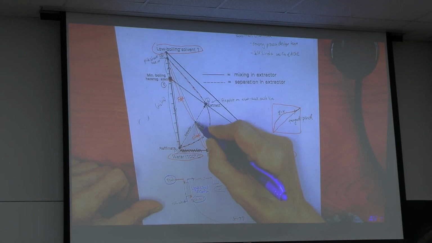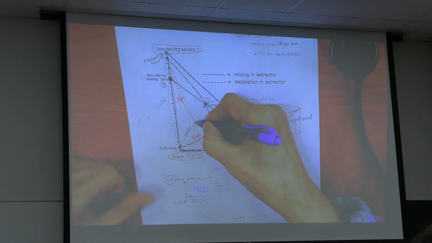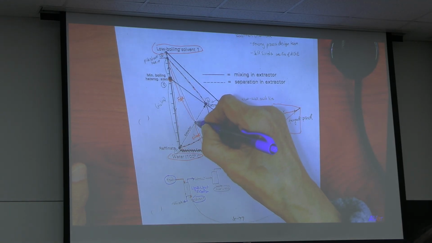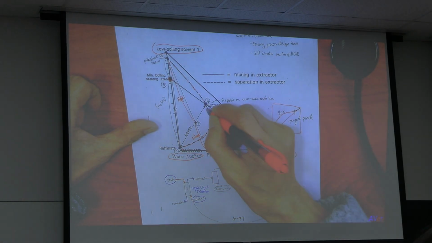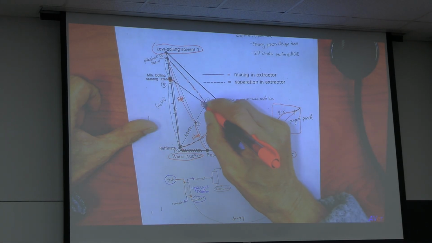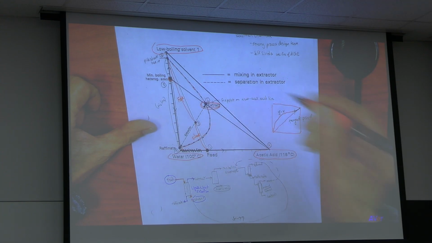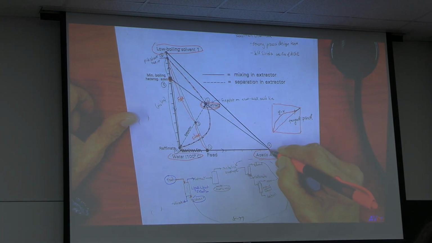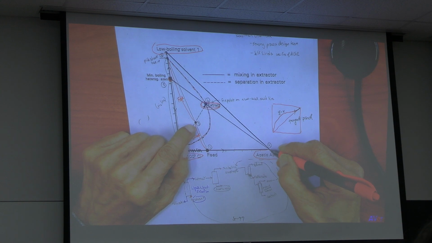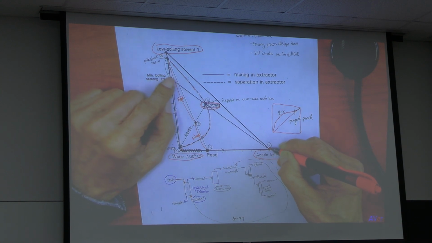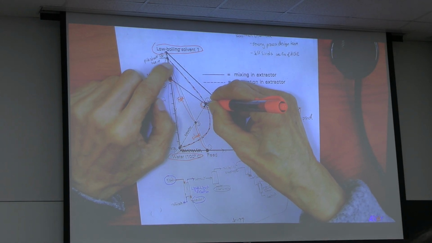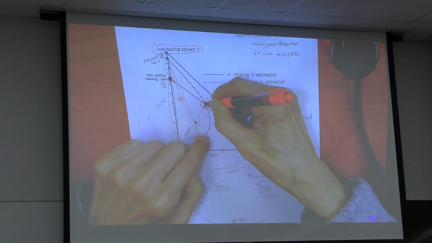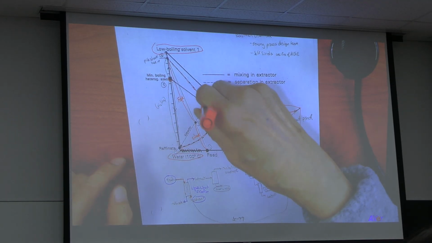What is the location of point 3? Right here, this determines. You look at here, 3 such that 4 and 5 will intersect with the two-phase envelope at this point.